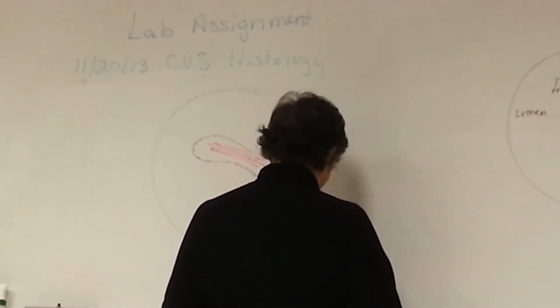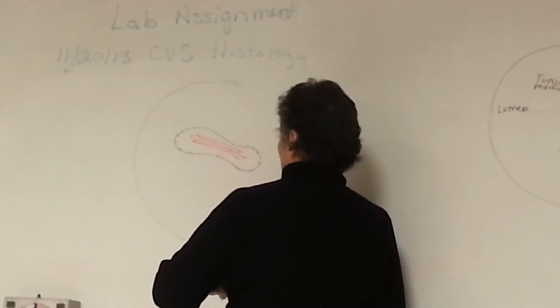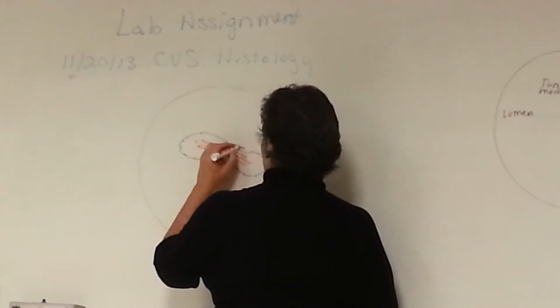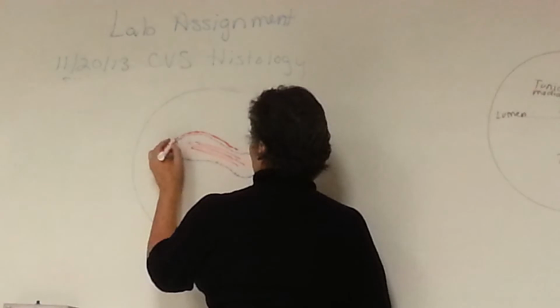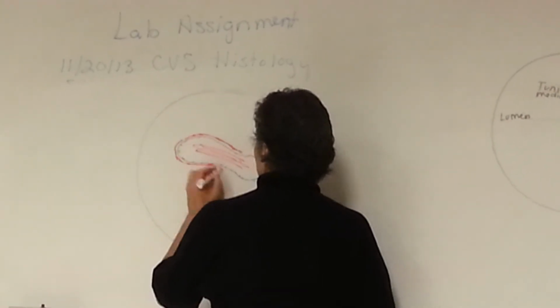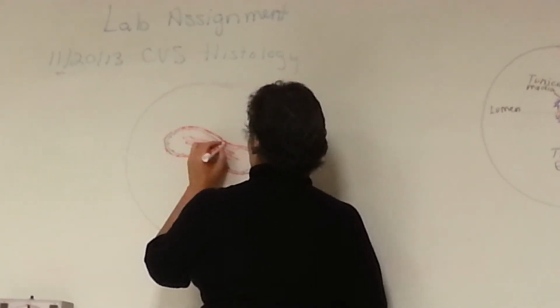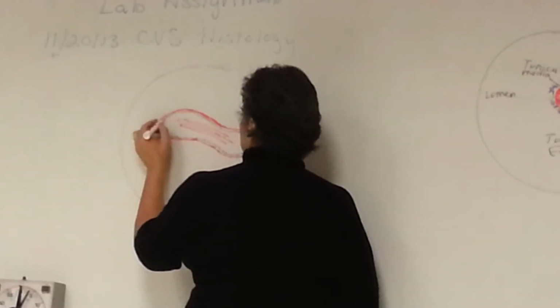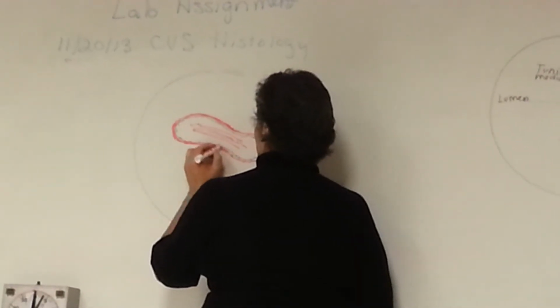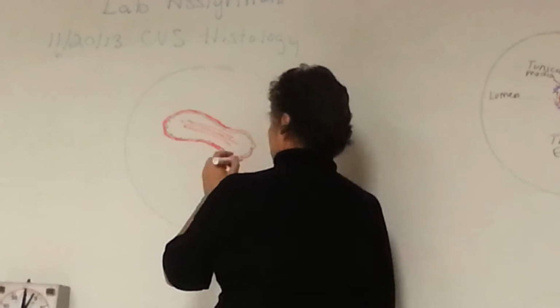What's the next layer? And the media is pretty small. You know? The walls are a lot flimsier here. The largest tunic is what? The tunica what? Externa.